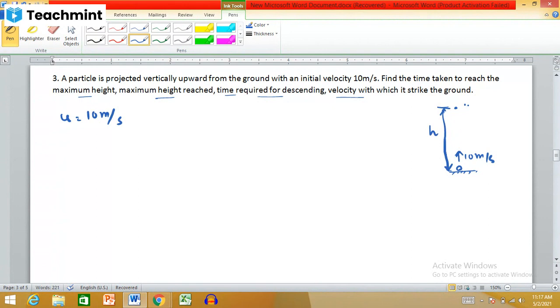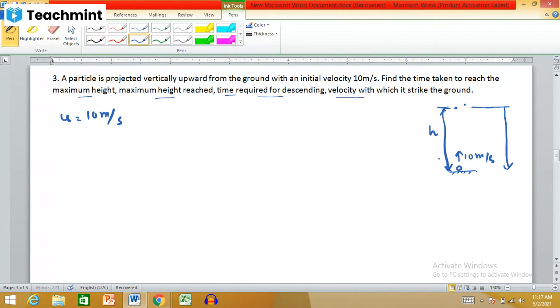After that, it will again come downward with the velocity which we will calculate.